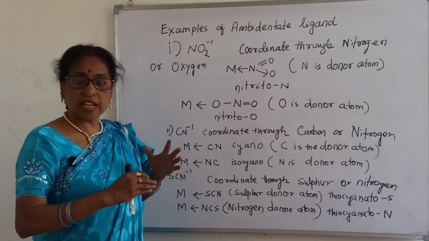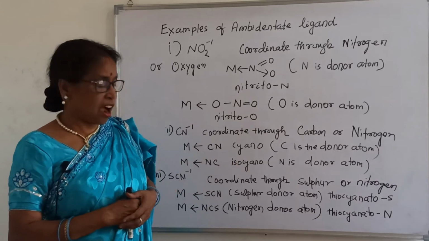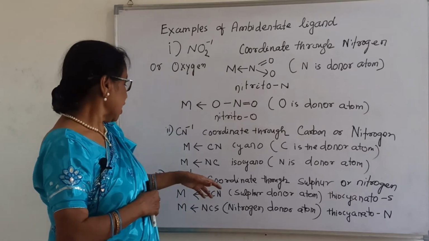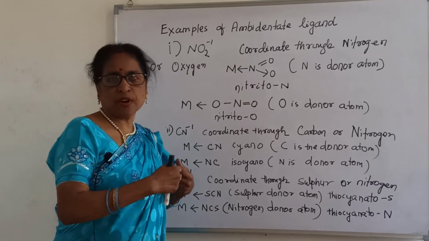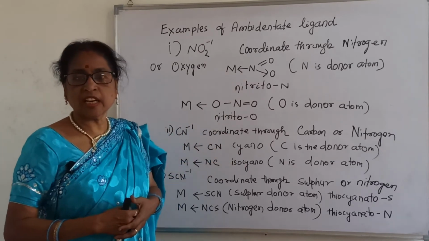SCN minus is known as the thiocyanate ion. What about coordination compounds? It will coordinate through sulfur or nitrogen, either sulfur towards the metal or nitrogen towards the central metal.